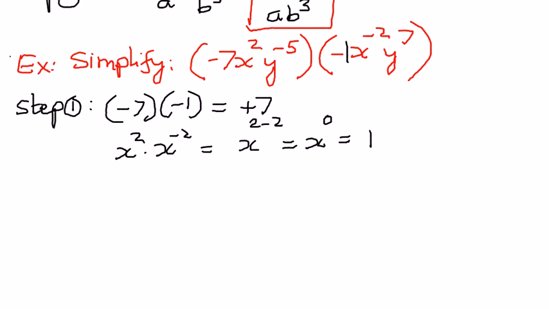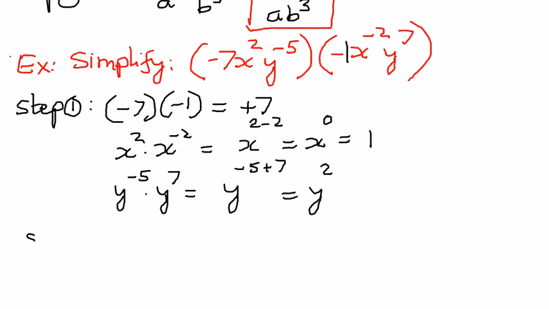Then we take the y terms, y to the power of negative 5 times y to the power of 7. Since the bases are the same, we write the base once and combine the exponents. So y to the power of negative 5 plus 7 is positive 2. So we have y to the power of 2.